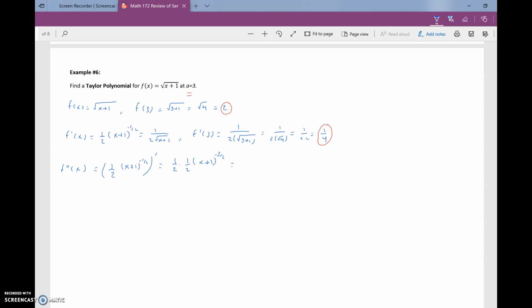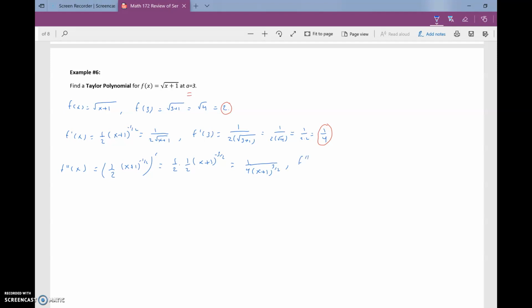So this one's going to simplify to negative 1/4. I'll just put it at the bottom, (x plus 1) to the 3/2. That's our derivative. And what we want from the derivative is the evaluation at 3.